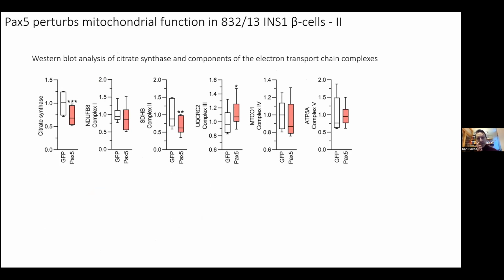And we also used an antibody cocktail that detects one subunit of each of the electron transport complexes, and that shows that SDHB of complex 2 is significantly reduced, while a subunit of complex 3 is actually slightly increased. But these expression changes may partly explain the impaired mitochondrial function.